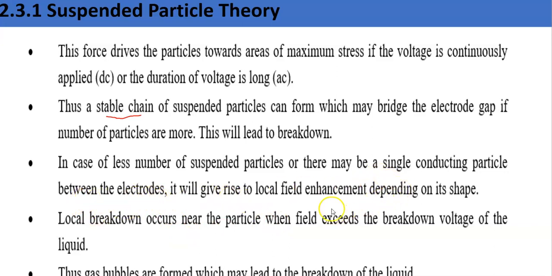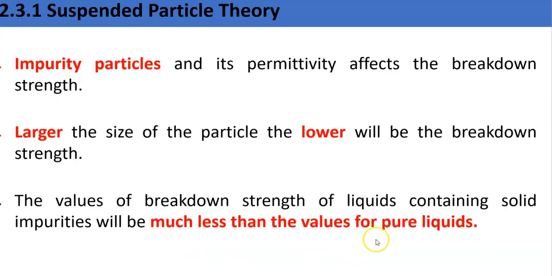Local field enhancement will be there depending upon the shape of that impurity, and slowly in weaker regions, like a corona discharge, ionization will start. So local breakdown occurs near the particle when the field exceeds the breakdown voltage of the liquid, and gas bubbles are formed which may lead to the breakdown of the liquid. Okay, so that is the suspended particle theory.